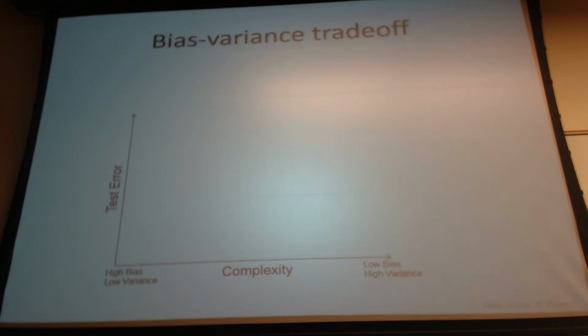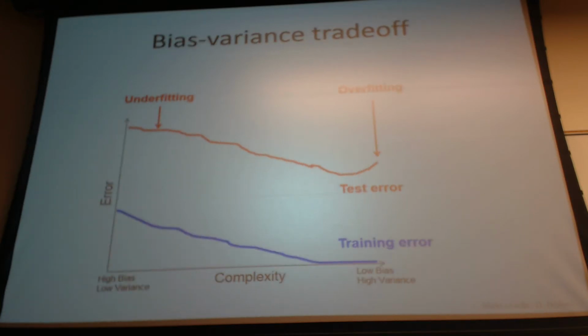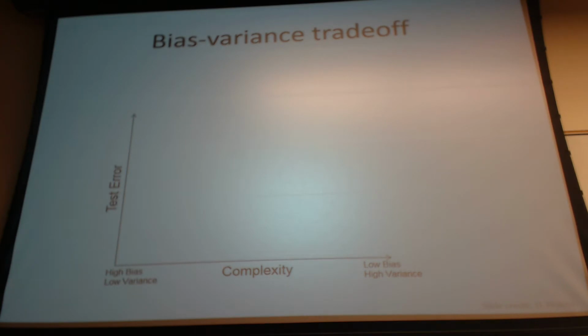Now what happens to the test error? Now we'll consider what happens to the test error when we increase the training set, when we have a smaller training set versus a bigger training set. If we have many training examples, the test error becomes like this.